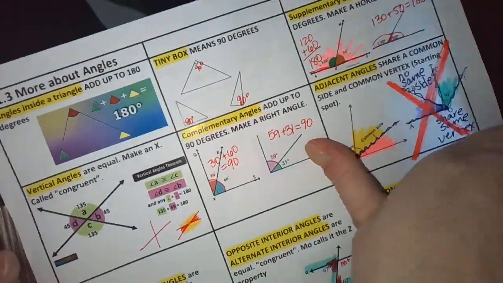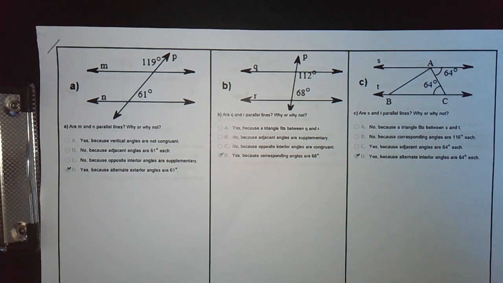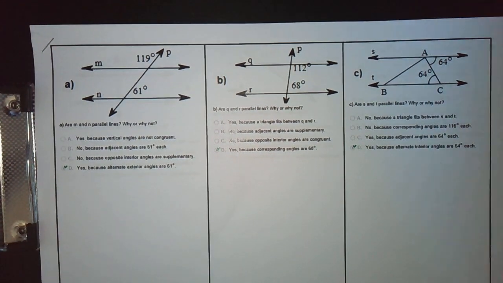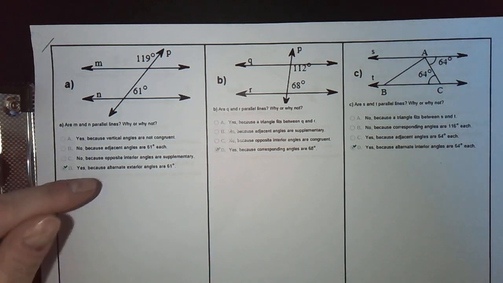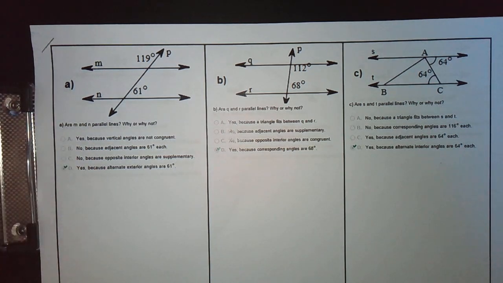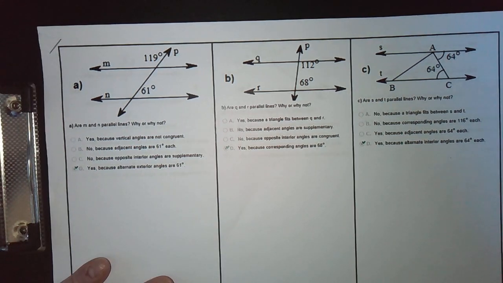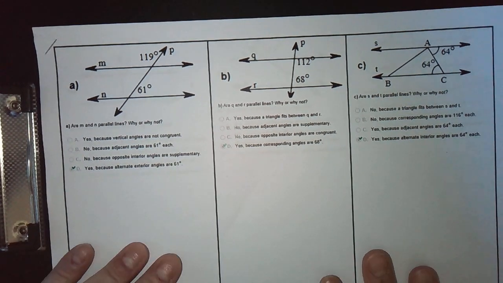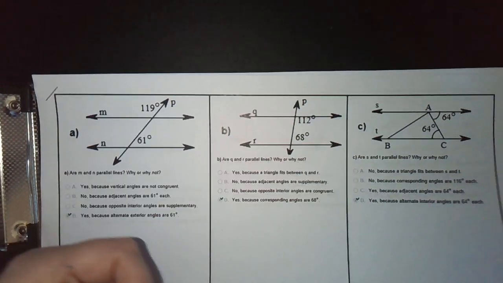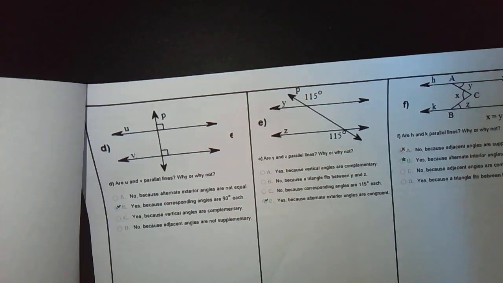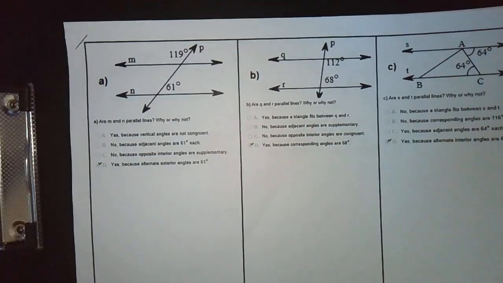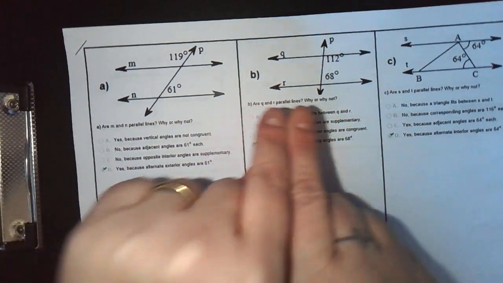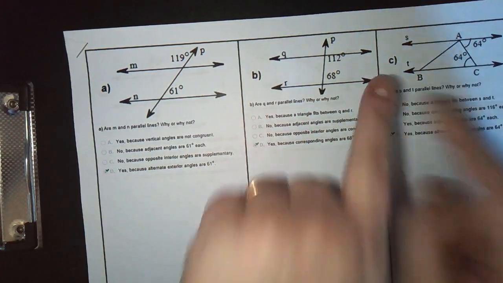Okay, let's get started on that big old homework example. What we're going to do is go through every answer choice and say why it's wrong, and then we'll pick the correct answer. So we were given 6 pictures, and the directions were to tell whether they're parallel lines.